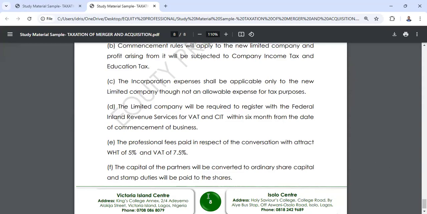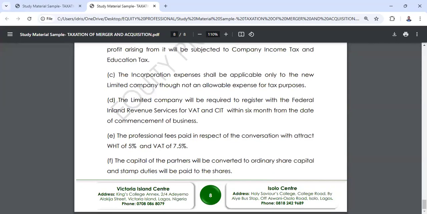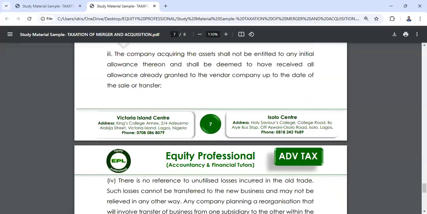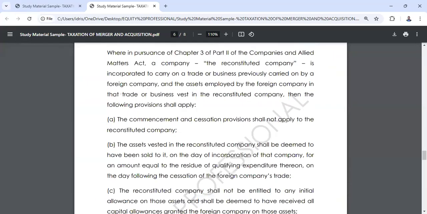Stamp duty is going to be paid on the shares. So those are the tax implications of conversion of partnership business to limited liability company.